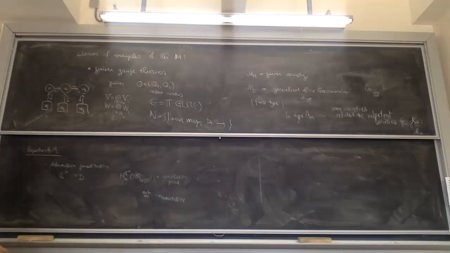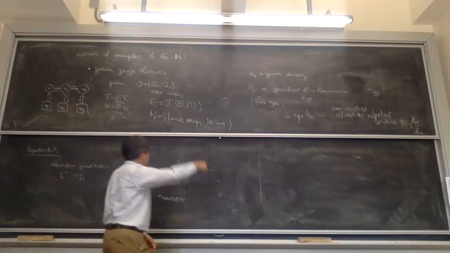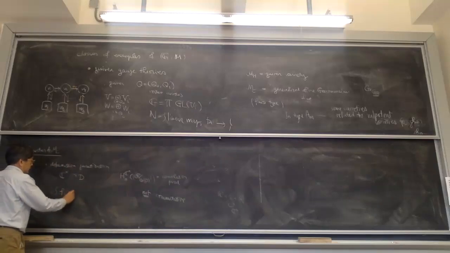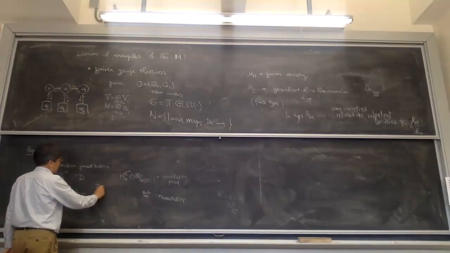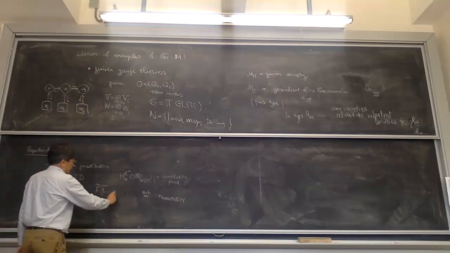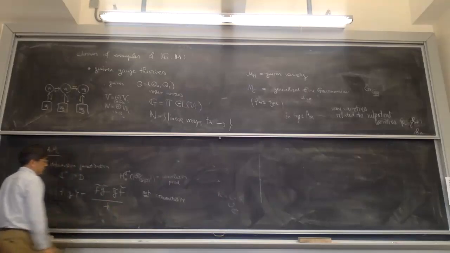So this is the deformation quantization of the coordinate ring of the Coulomb branch. And in particular, you can define the Poisson bracket. You have functions f and g, and you first consider their lifts to the deformation quantization, take the commutator, then divide by h bar.